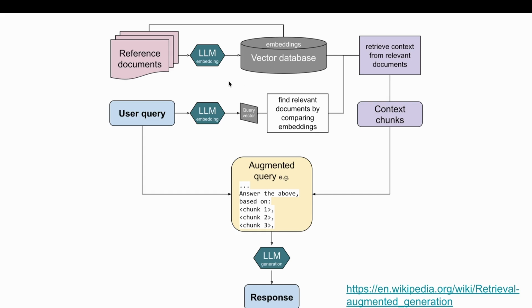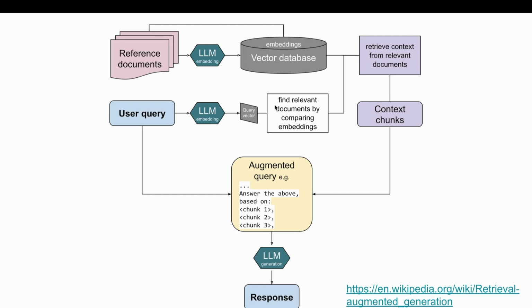When you create a query in a RAG pipeline, that query is again embedded using the exact same model that you embedded your reference documents with. It's given a shape or a place in that high dimensional vector space.